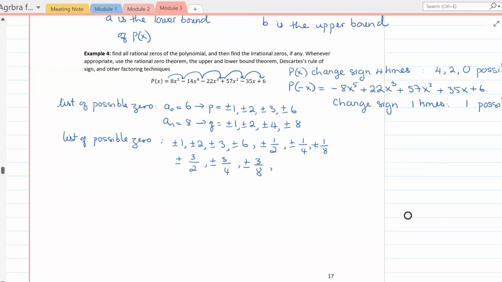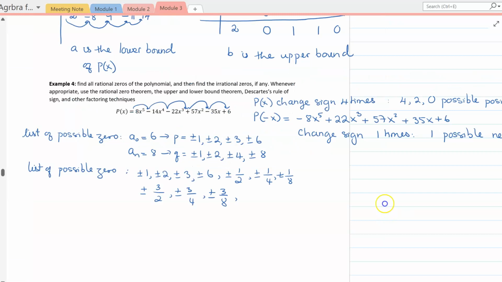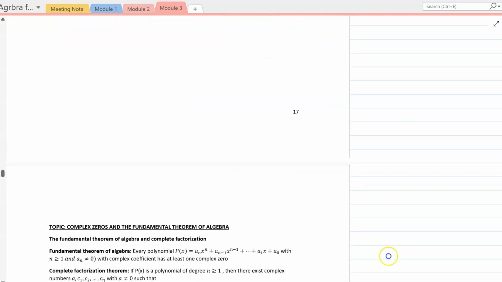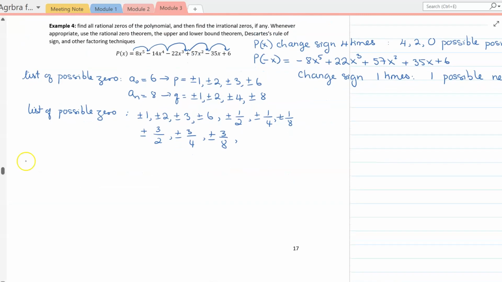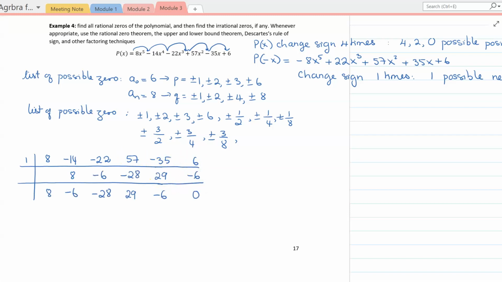So let's start with our synthetic division. Start with 1. So 1, 8, negative 14, negative 22, 57, negative 35, and 6. We got c equal 1.